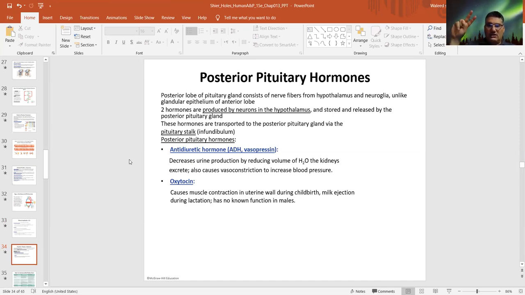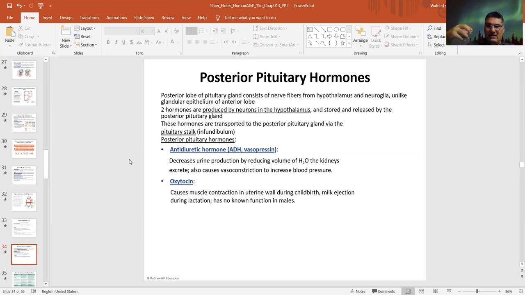What are the two hormones that the posterior pituitary gland stores and secretes? ADH, also known as vasopressin, and oxytocin. Oxytocin is the easy one because we talked about it before. Especially if you are a lady hearing me, you probably know Pitocin.